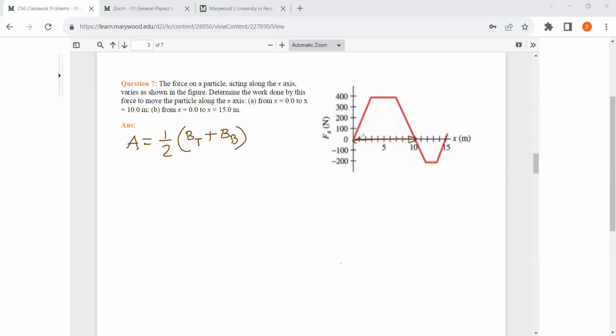This is the bottom base, this is the top base, and this is the height. So half the top base plus the bottom base, times the height.